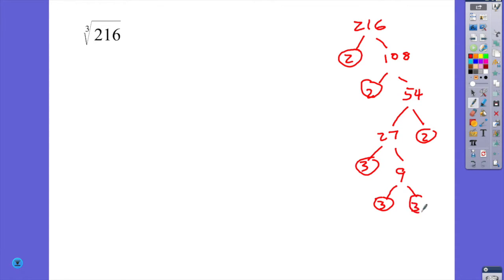Okay, but in this case, we are taking the cube root, not the square root. So the only thing that changes in our strategy here is to take the numbers. In this case, 2 times 2 times 2 times 3 times 3 times 3. And then, instead of putting them into two different groups, because we're taking the cube root, we're going to reorganize these into three groups.